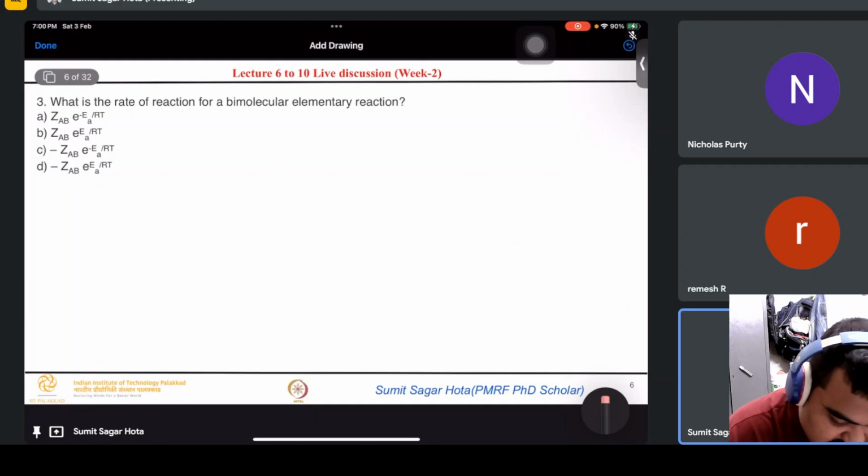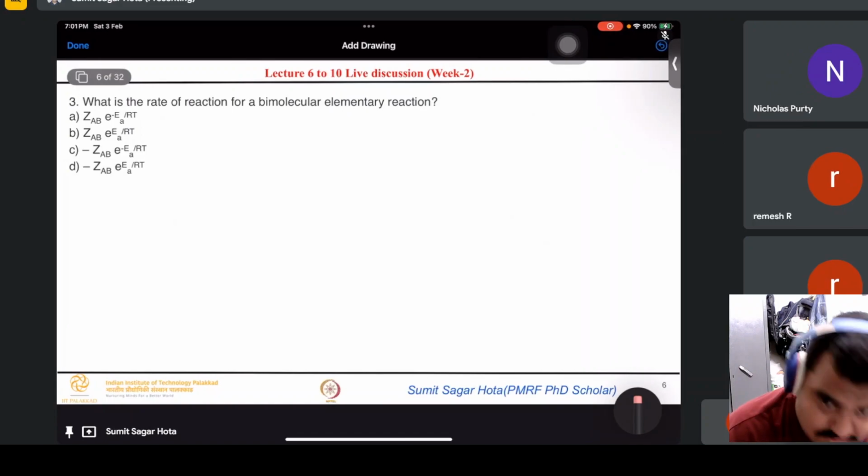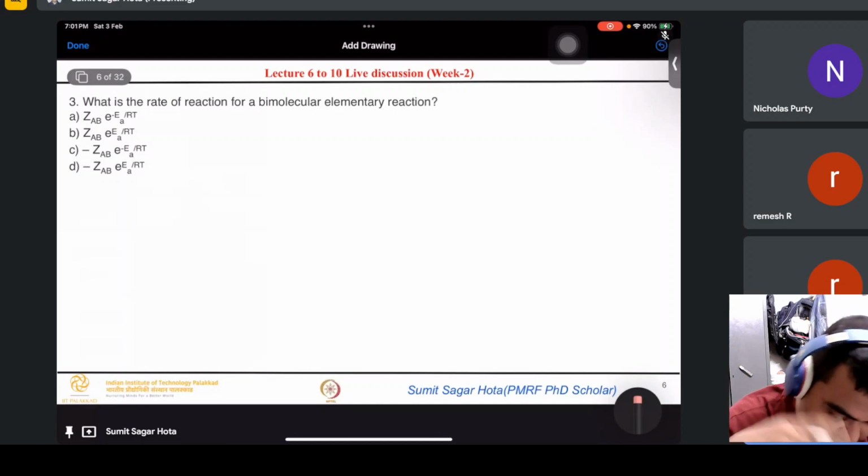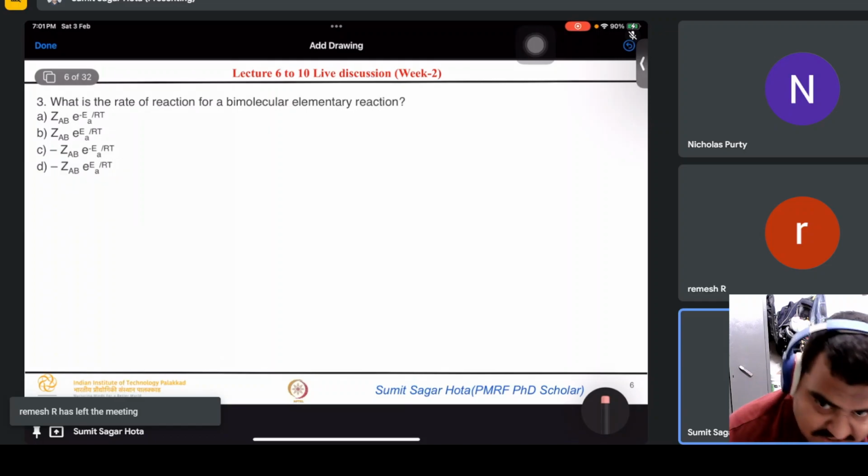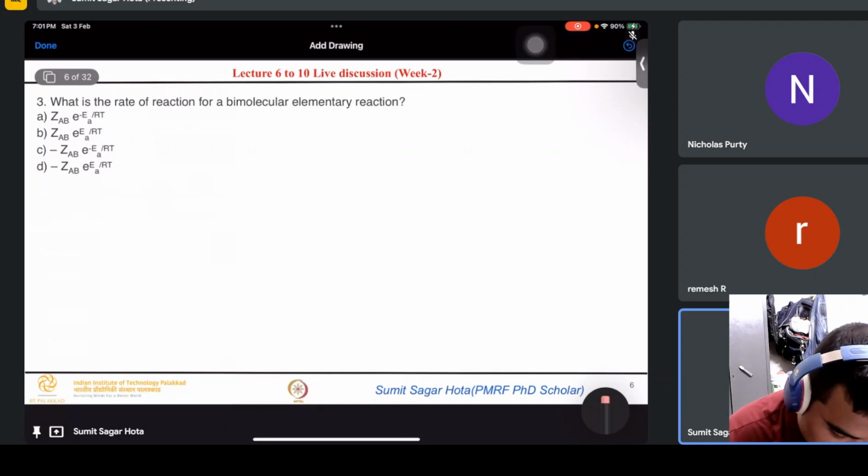What is the rate of reaction for a bimolecular elementary reaction? A very direct question. Since Z_AB has no use in this question, we have to look at the exponent, e to the power of E_A by RT.